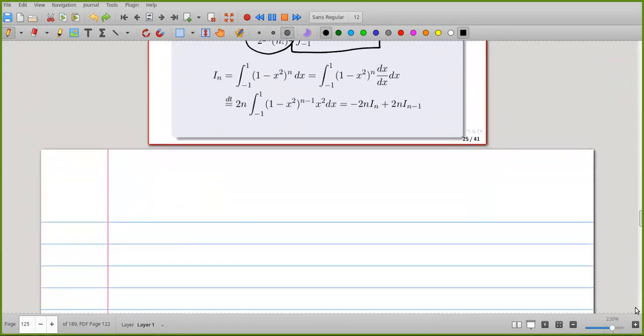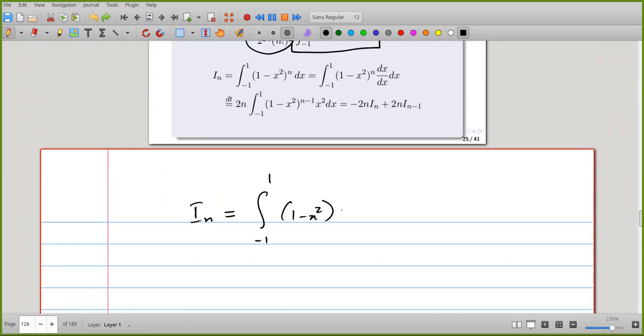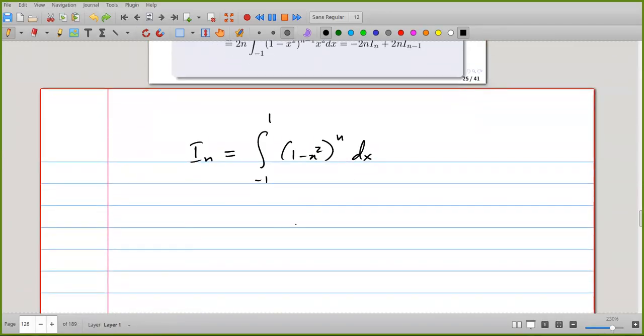So what we have is this integral I_n, the integral from minus 1 to 1 of (1 minus x squared) to the n dx. Our aim is to compute the value of this integral.